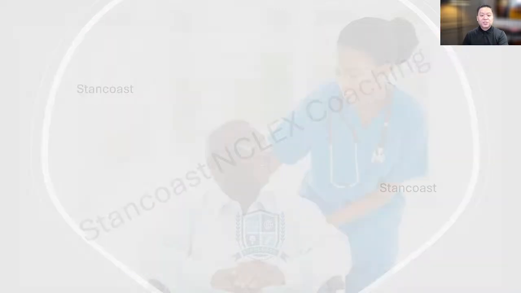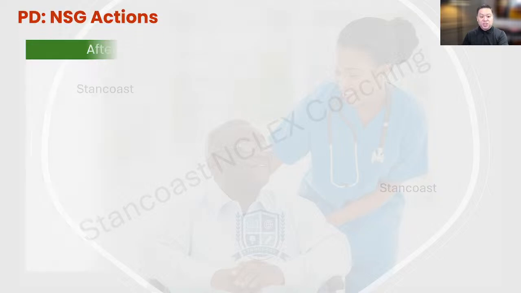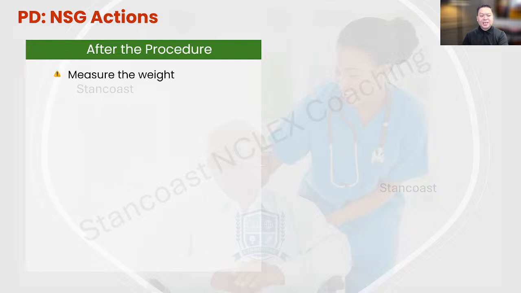Now, we're going to have to talk about the nursing care that we will be providing to the patient after the procedure. So first off, we're going to have to keep a close eye on the patient's weight. Why? Well, the reason that we need to weigh the patient one more time is to see if there has been any changes. If the weight post-procedure is heavier compared to the baseline, that would be worrisome, right?